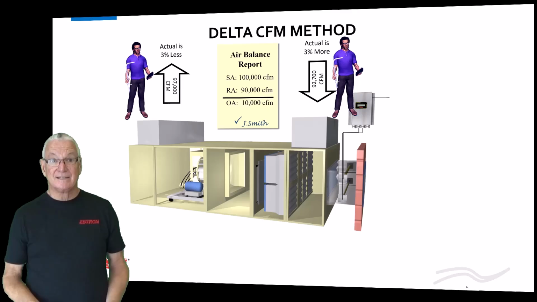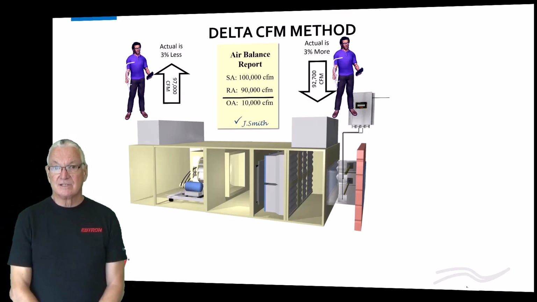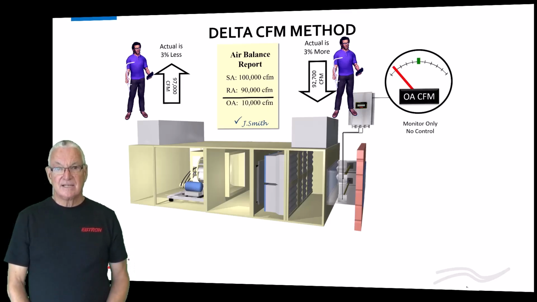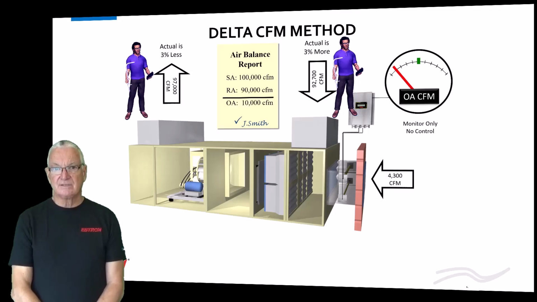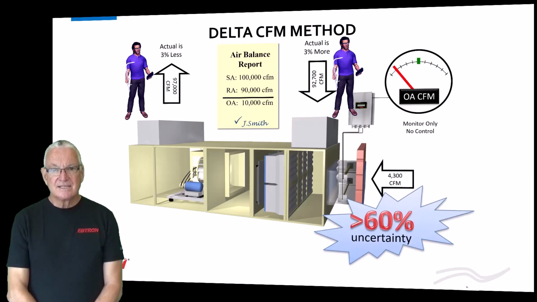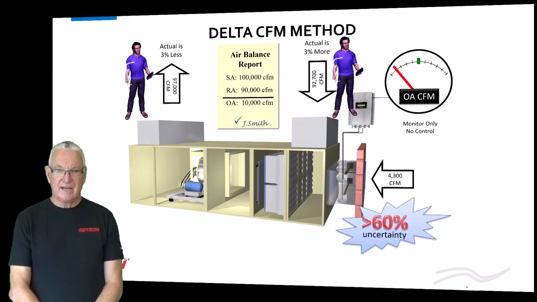Again, that's what it means. So I reported 90,000, it's 3% more really, so it's 92,700. So that when I think I have 10,000 CFM, I really had 4,300. That's not any good. That's not acceptable. That's 60% off. That's ridiculous. So you don't want to do that, all right?